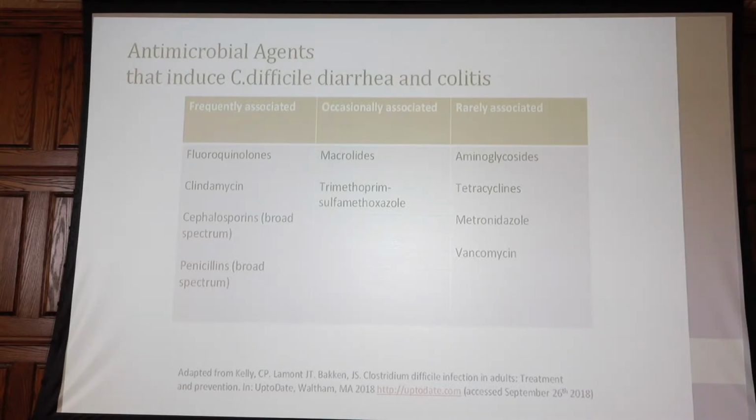Occasionally associated are macrolides, your Z-Pak, your Septra, and the ones that are rarely associated, aminoglycosides like gentamicin, which we rarely use. The use of aminoglycosides has gone by the wayside because of issues with ototoxicity and nephrotoxicity. Tetracyclines basically have no risk. And Flagyl and vancomycin, well, we treat C. diff with Flagyl and vancomycin, and that's why it's rarely associated with it.